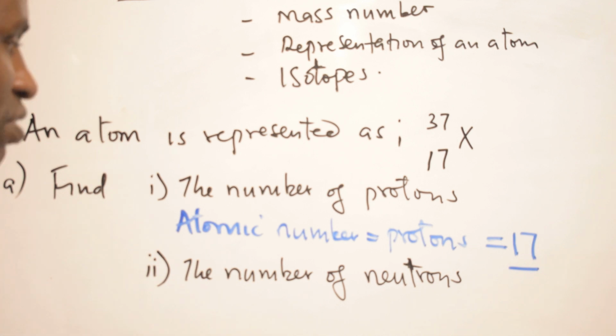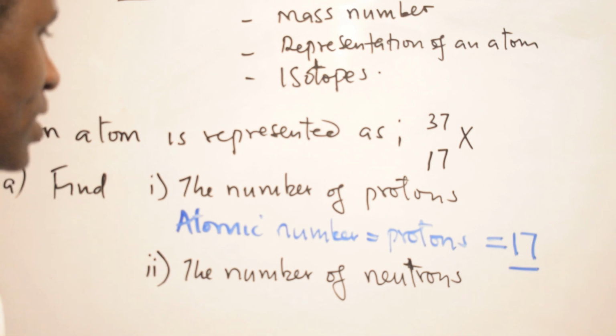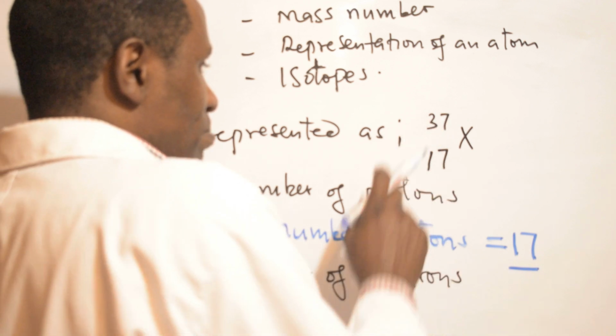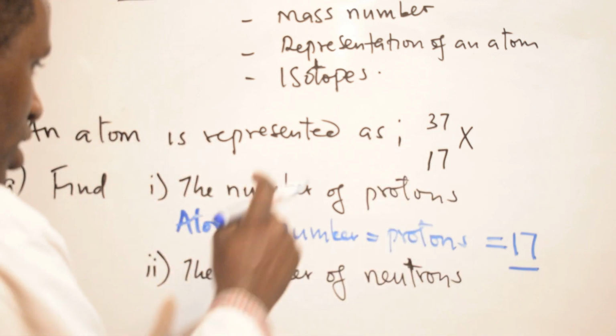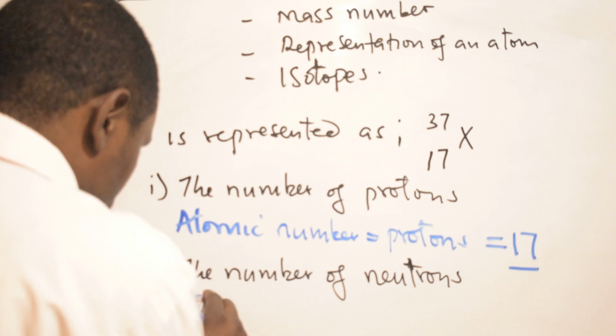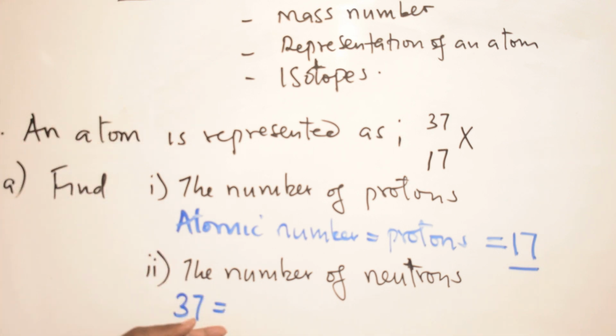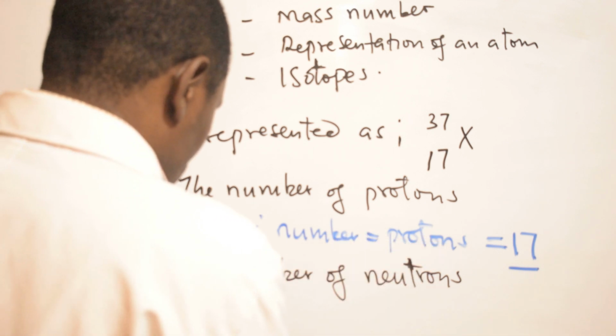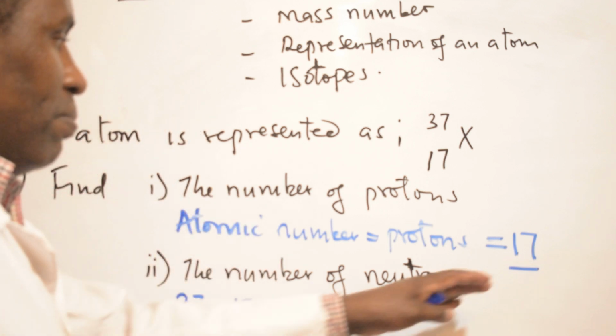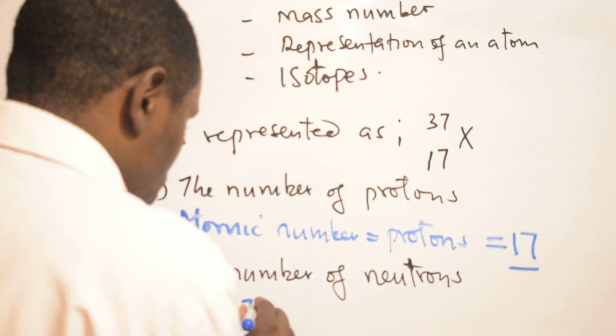Now, talk about the number of neutrons. We've just said that the mass number, which here is given as 37, should be equal to the number of protons, which is 17, plus the number of neutrons.